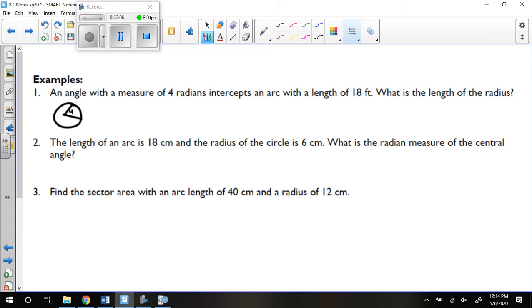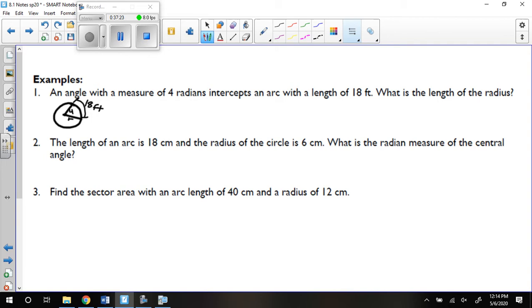So I'm going to put a 4 here. The arc has a length of 18 feet, so from here to here is 18 feet. What is the length of the radius? So here's my r that I'm trying to figure out.